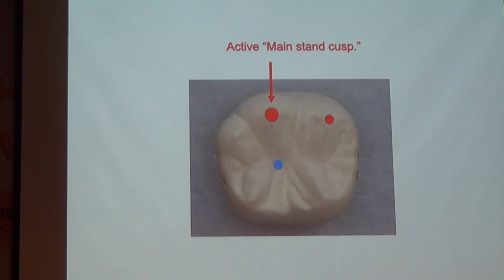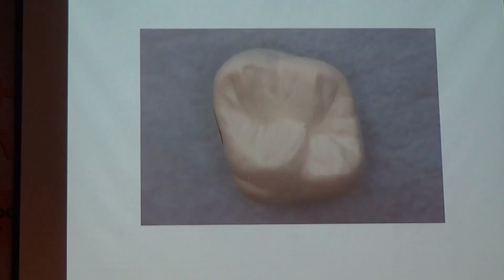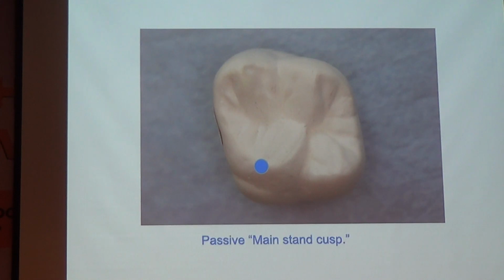Chỗ đó là múi trong của răng trên, tựa vào, khớp vào. Okay? This is the upper guy. Passive main stem cusp. Múi chịu của răng hàm trên, nhưng là múi chịu thụ động.